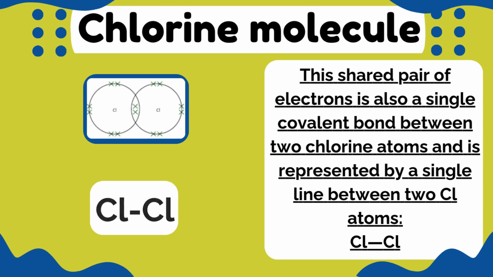So, one electron is needed by both of the chlorine atoms to complete their octet. As a result, 2 electrons are shared, 1 electron from each chlorine atom, and thus a bond pair is formed between the two chlorine atoms, resulting in the formation of a single covalent bond between the chlorine atoms.